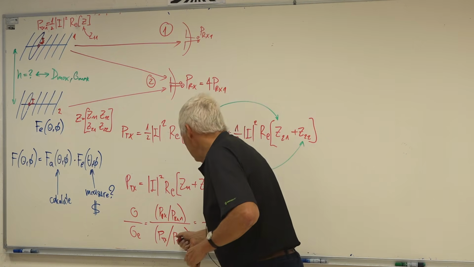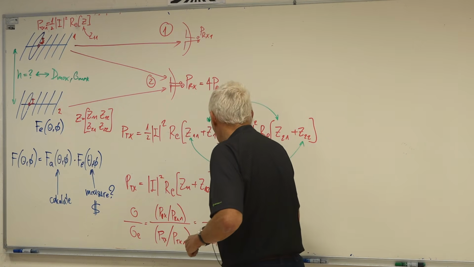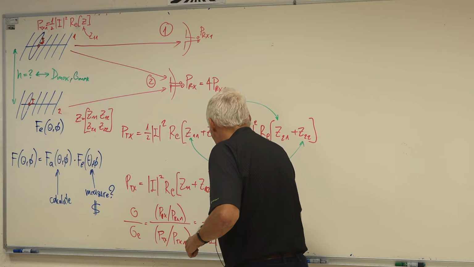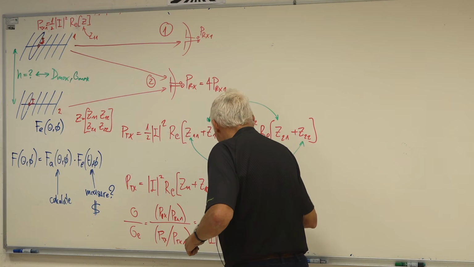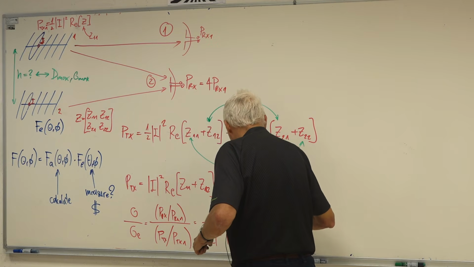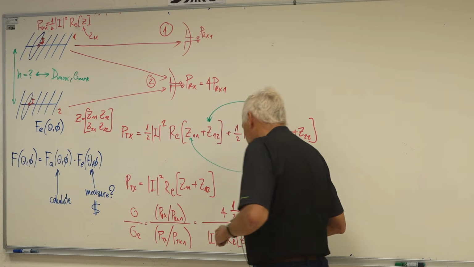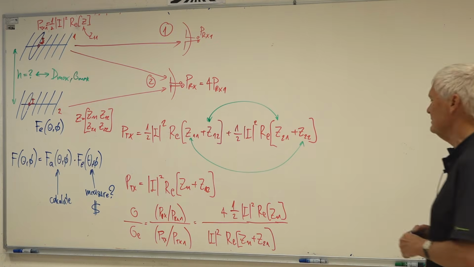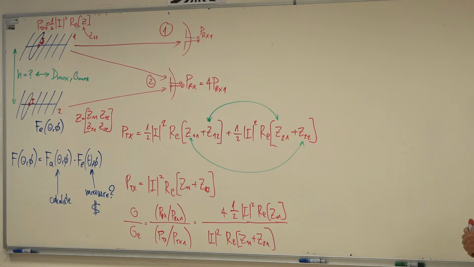And here the double fraction, to solve it, I put this in the numerator, 1/2 I squared, real part of Z11. Just Z11 because we have no currents in the second antenna, in the case of just a single antenna.